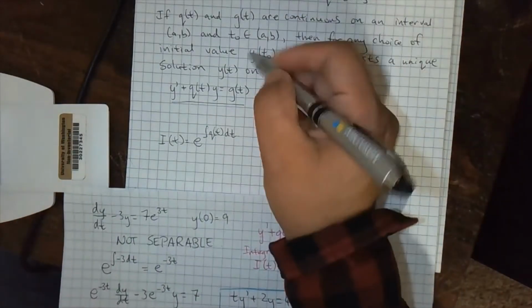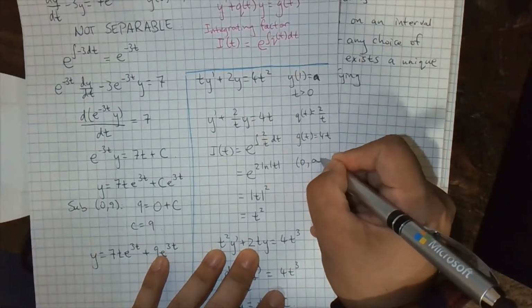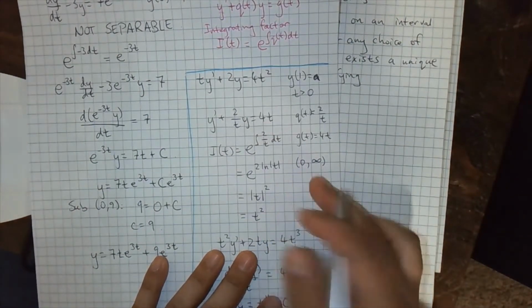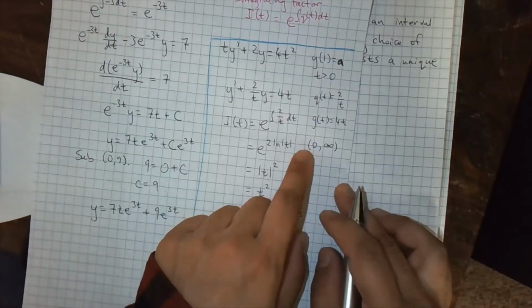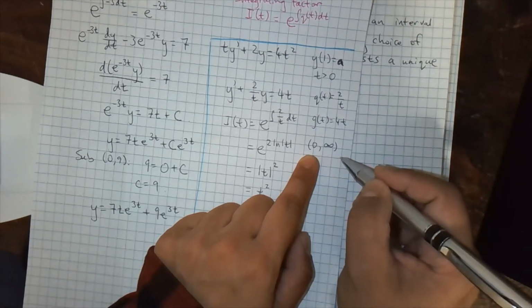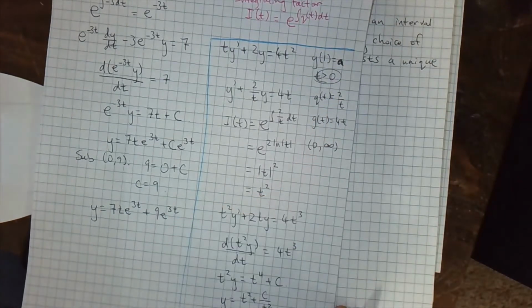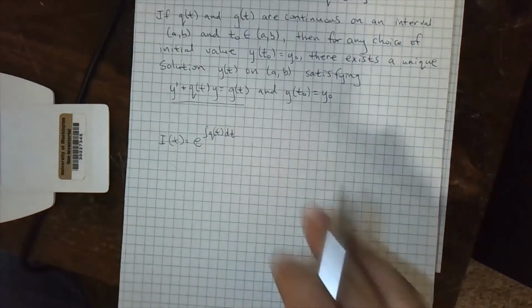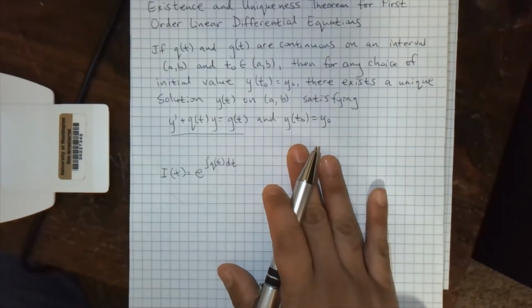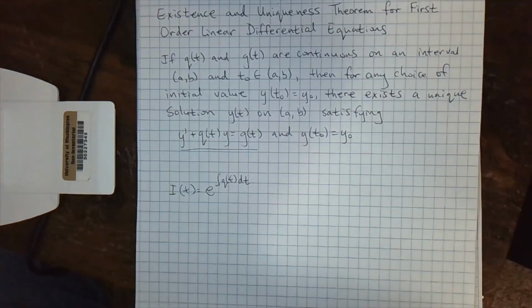So I need an interval, and the interval can be infinite. Here my interval goes from 0 to infinity, not including either one. That means my q of t is continuous in this interval. That's what t greater than 0 is saying here, making sure that I have a unique solution. If not, then I may not have a unique solution.